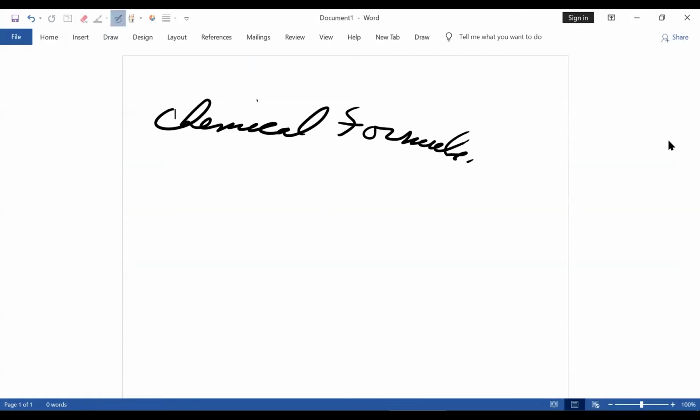That should be M and then U. But anyways, I'm still learning how to write on a tablet. Now, a lot of you know this right here, and that's a chemical formula. That's sodium chloride.